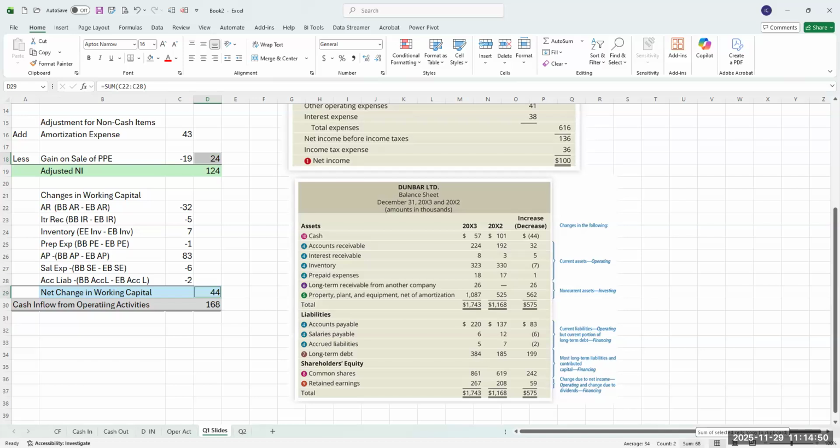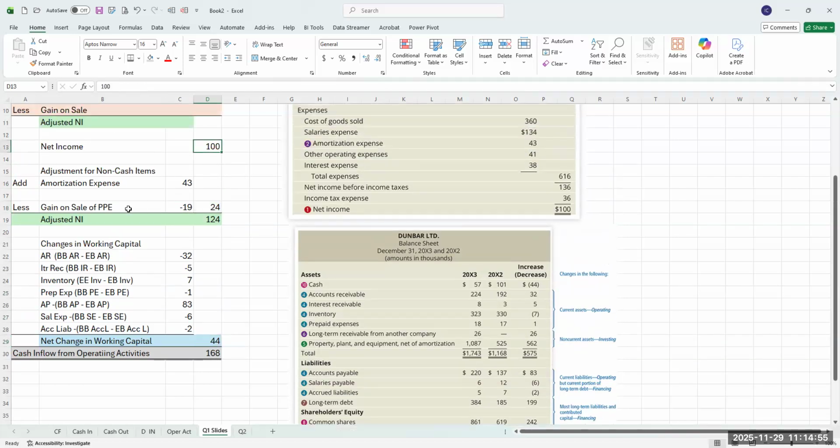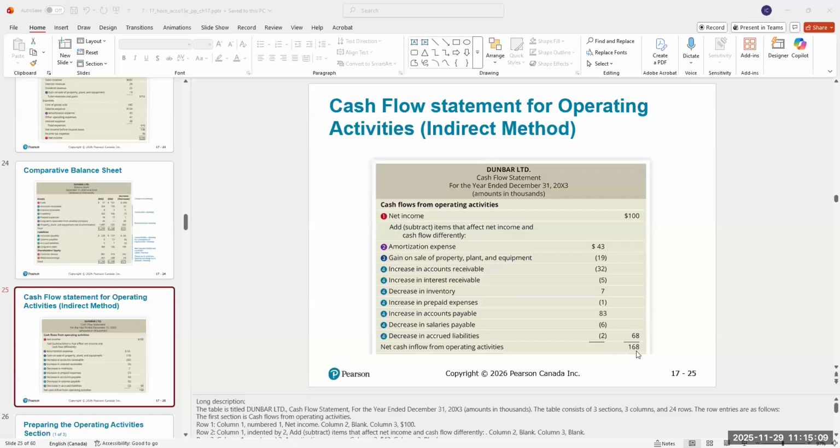The net change is 68. And that's how we're moving from the $100 net income starting point to the 168 on the operating income. So net cash flow from operating activities is $168.